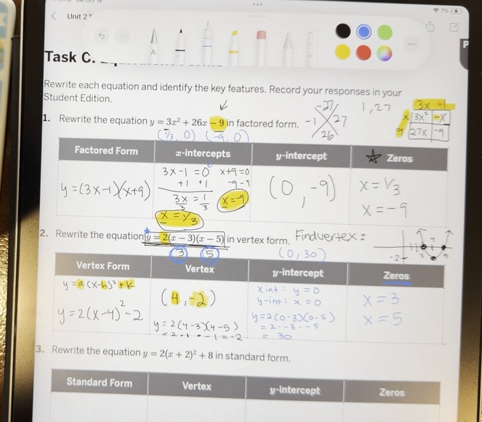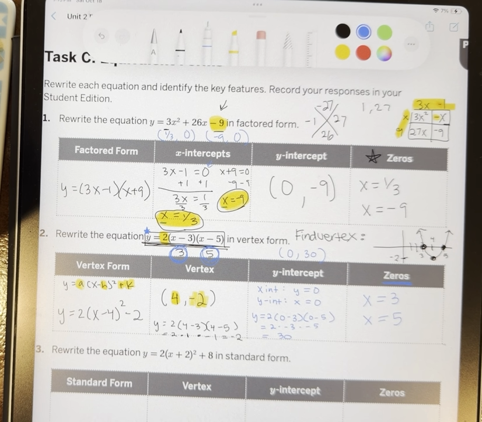This is 2 times x squared plus 2x plus another 2x plus 4, plus 8 at the end. This is 2 times x squared plus 4x plus 4, plus 8. Now distribute the 2 in. So this is 2x squared plus 8x plus 8 plus another 8.